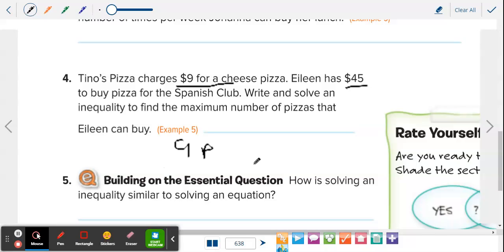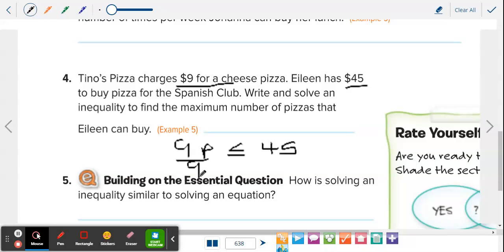We don't know. Okay, now she only has $45. Can she spend more than that? No. Can she spend $45? Yes. Less than or equal to $45. Okay, so now we've written it out. Now all we got to do is solve it. So what do we got to do to solve?